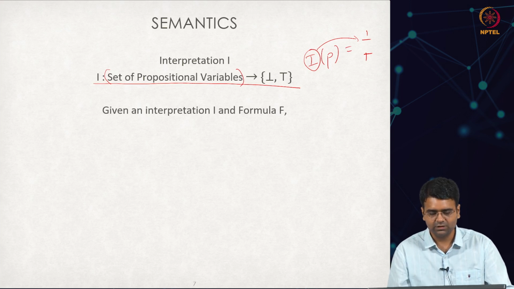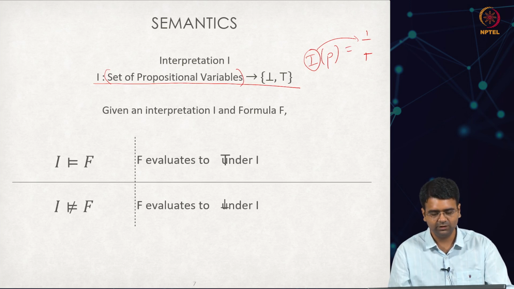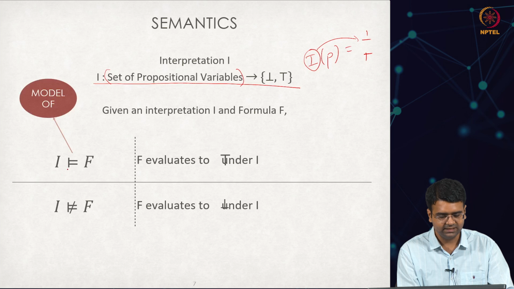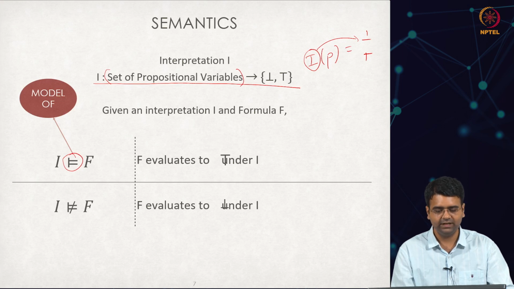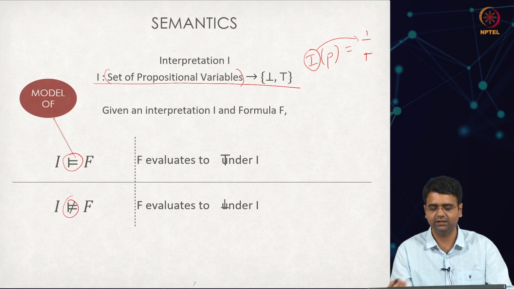So given an interpretation I and a formula F, either the formula evaluates to true or it evaluates to false. We are going to introduce some symbols for this purpose. Let's look at the first symbol. This particular symbol is pronounced as "model of". What it says is that I is a model of F if F evaluates to true under I, and I is not a model of F if F evaluates to false under I.